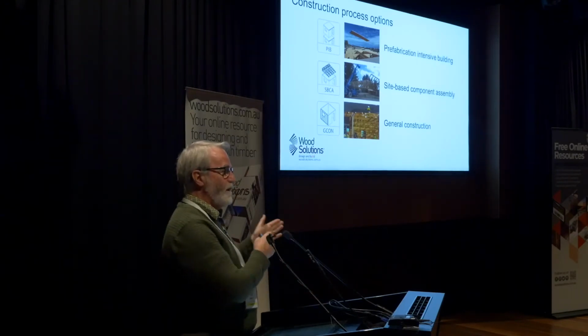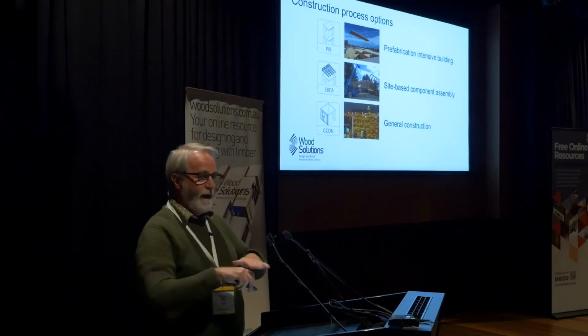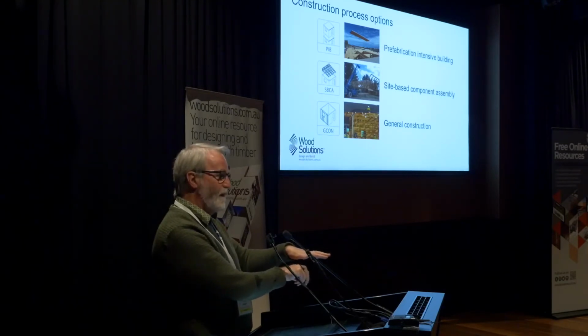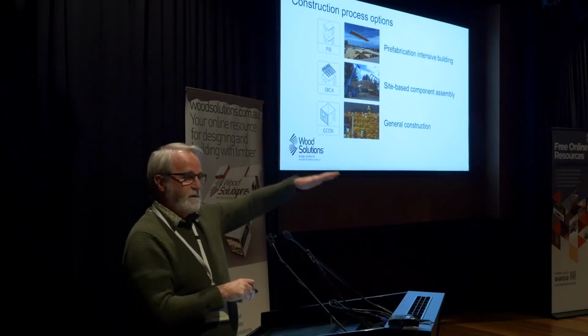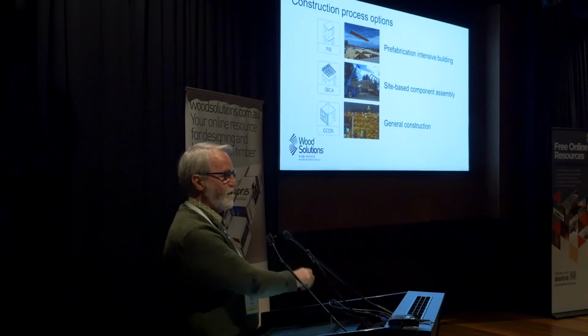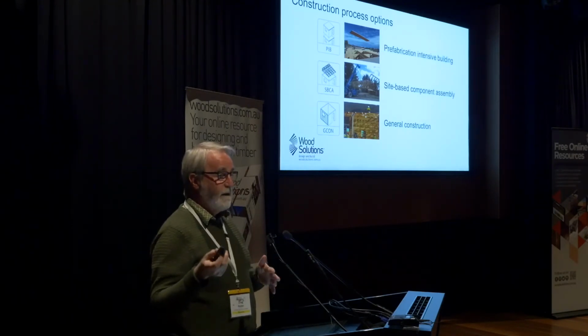So they actually brought all the trusses from the truss plant as flat pack. They then assembled them next to the building site into these modules and picked the modules up and put them in place. And it saved them a heap because they could do a lot of things on the ground without having to pay for scaffolding and a whole range of other things.